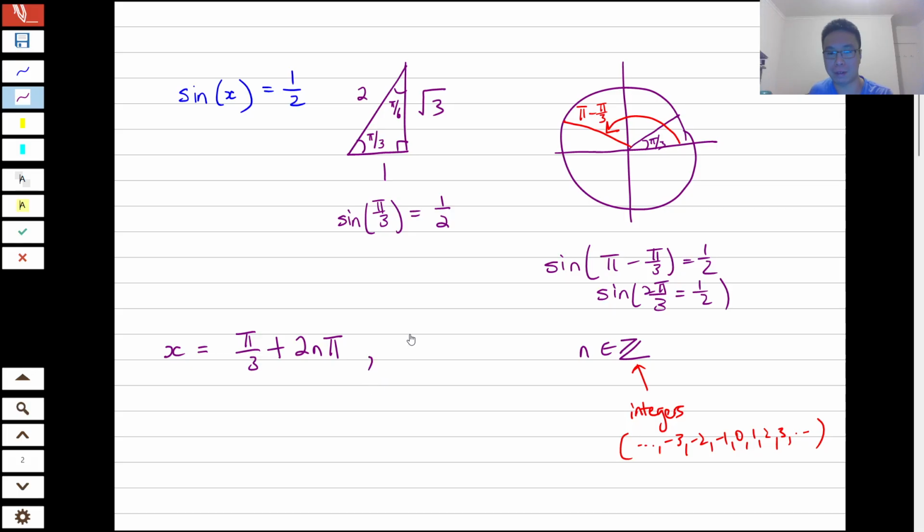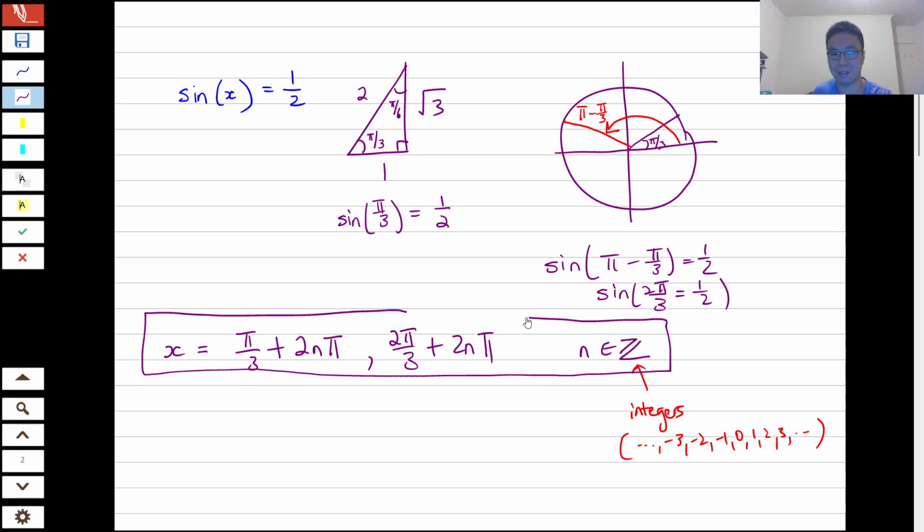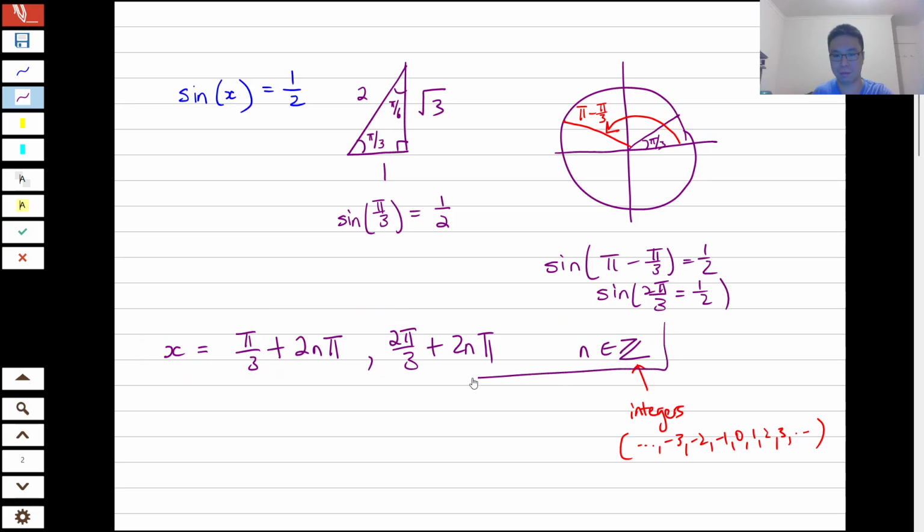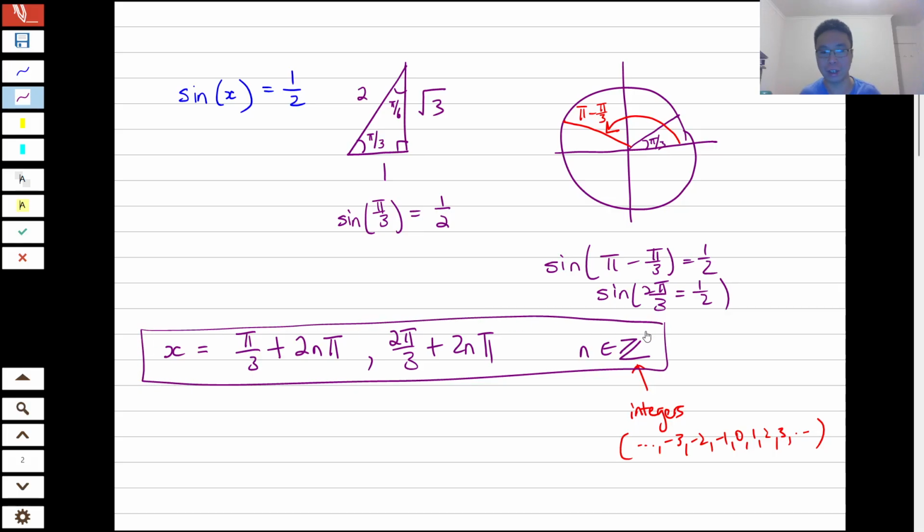And then the other family of solutions is 2 pi on 3 plus 2n pi. This is my set of all possible solutions. By using this parameter n, where n is an integer, I've captured every single possible solution.